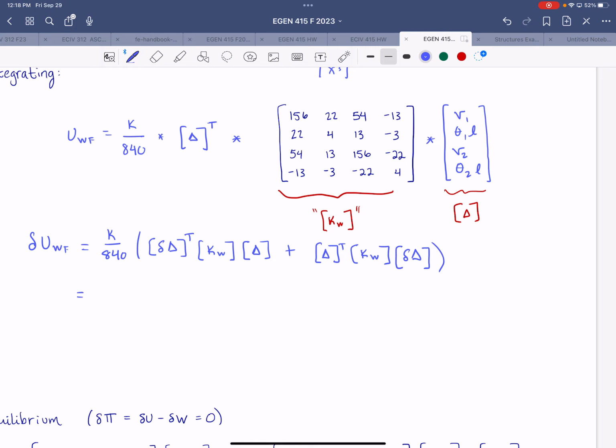Now simplifying this, we get k over 420 times lowercase delta, capital delta transpose times kW times delta.